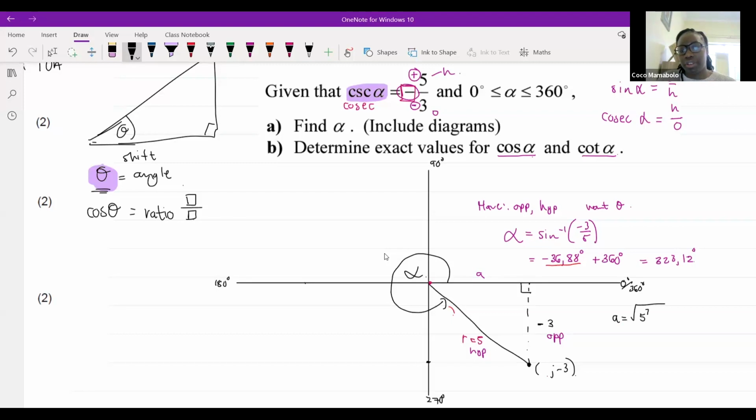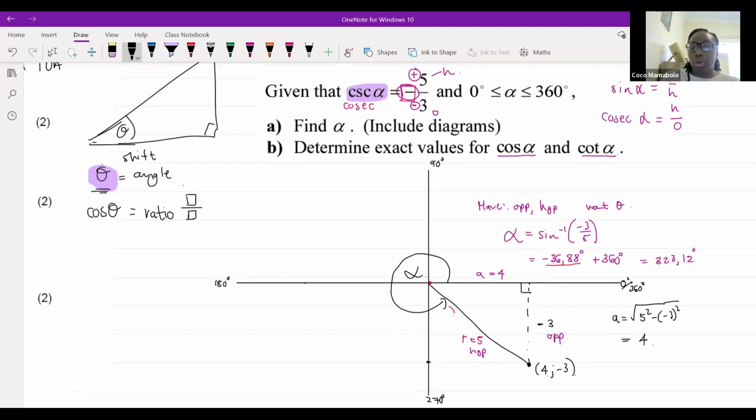It should equal exactly 4. Our adjacent side should be 4. Remember, guys, that translates to your coordinates. So this means the x value over there is actually 4 and the y value is -3.